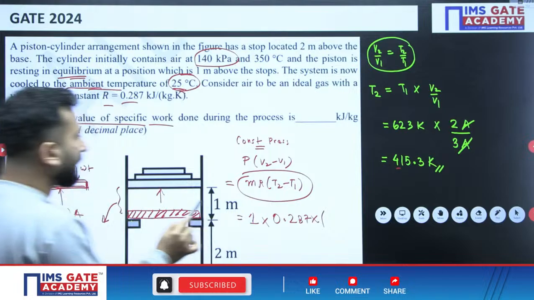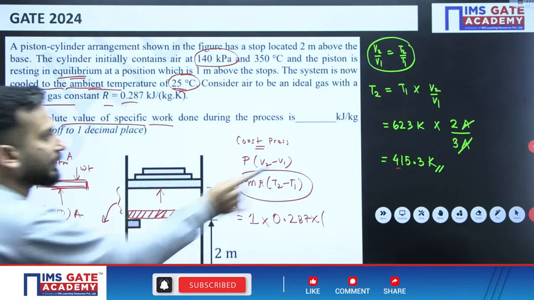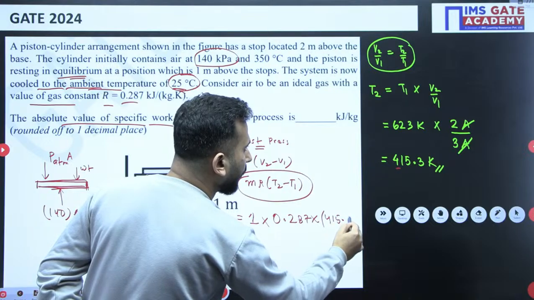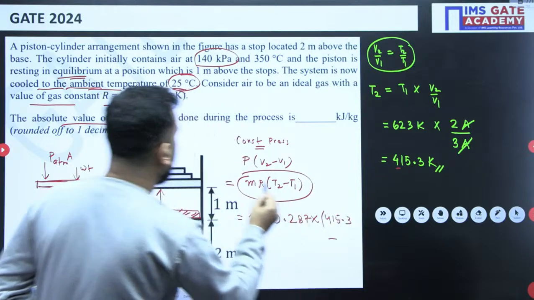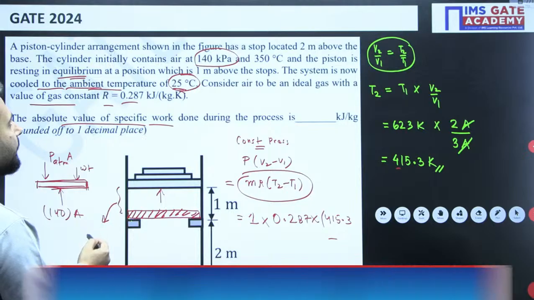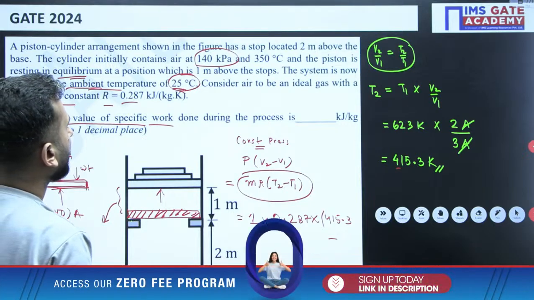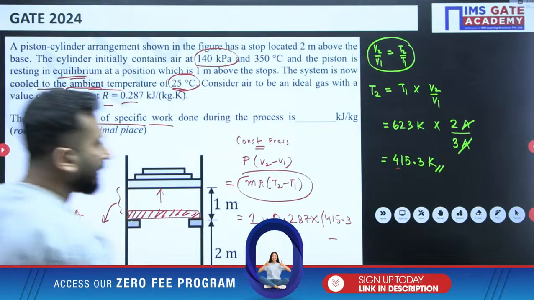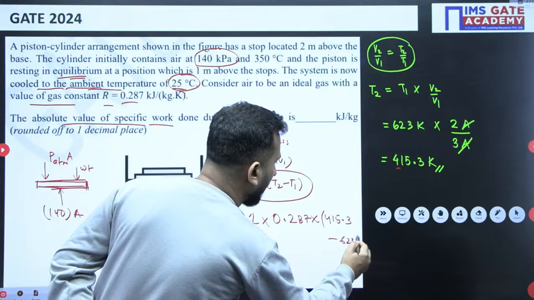And what was the T2 when the piston just reached here? I calculated 415.3 Kelvin minus the temperature T1, which is 350 plus 273, 623 Kelvin.